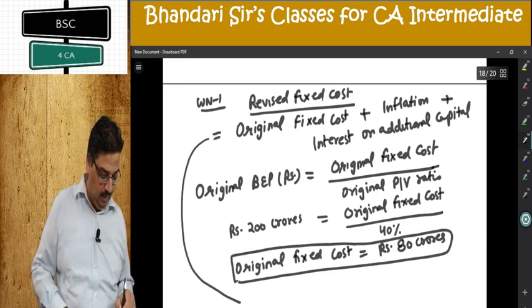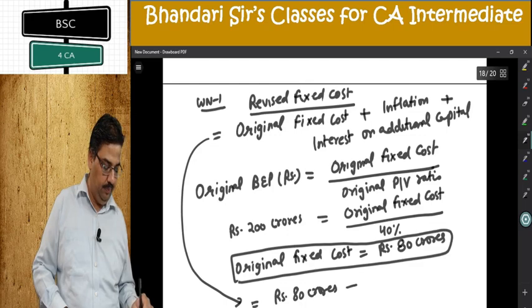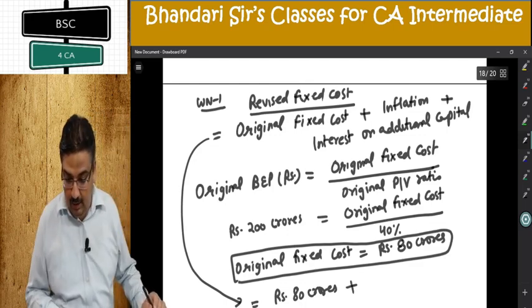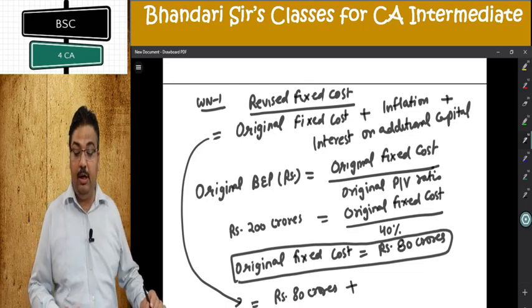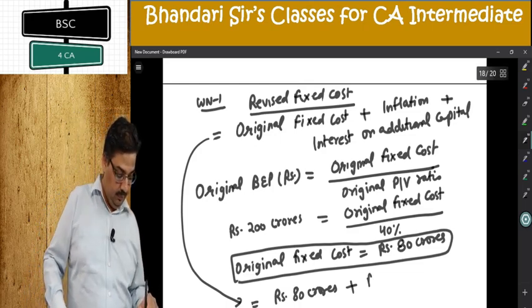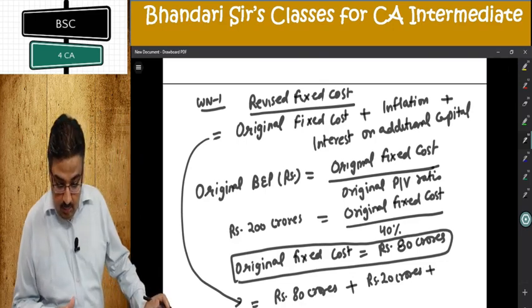So from here I am getting 80 crores plus, he has told me in the third point the fixed cost will increase by 20 crores, plus interest.